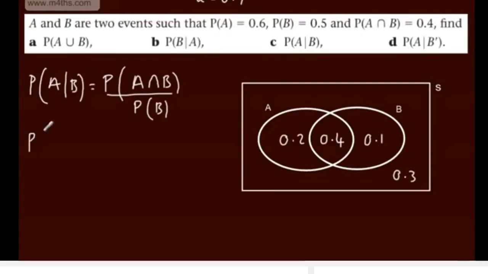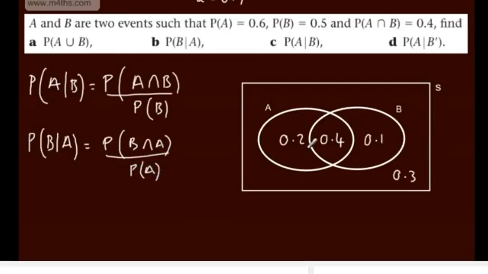The probability of B given A. So let's write that out then. The probability of B given A is the probability now of B intersection A divided by the probability of A. So what we've got then is the intersection is going to be 0.4, divided by the probability of A, which is going to be 0.6.